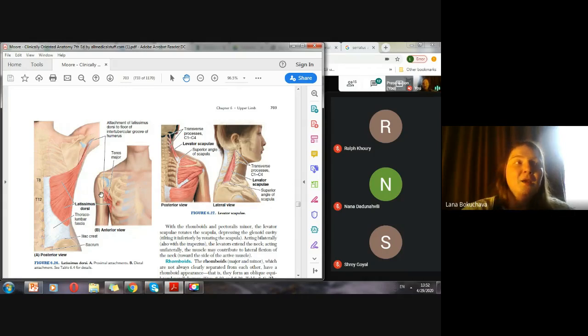And why? Because imagine, although it's a posterior axio-appendicular muscle, by its passage and distal attachment it still comes to a more medial and more anterior surface of the humerus. Now imagine this large muscle is contracting.